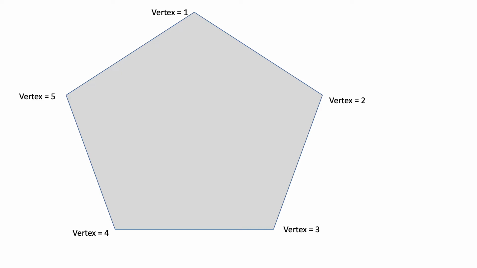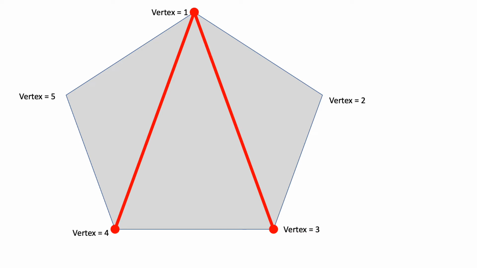Here, in a pentagon, the vertices are equal to 5, so each vertex should have 4 connections. 2 will be part of the pentagon, and 2 will be diagonals. As you can see, there are 2 red diagonals from vertex 1.